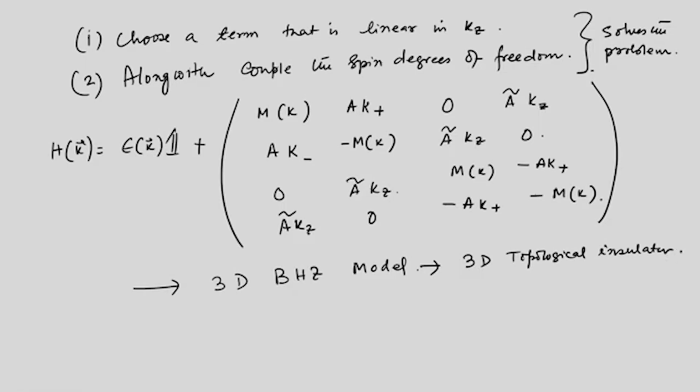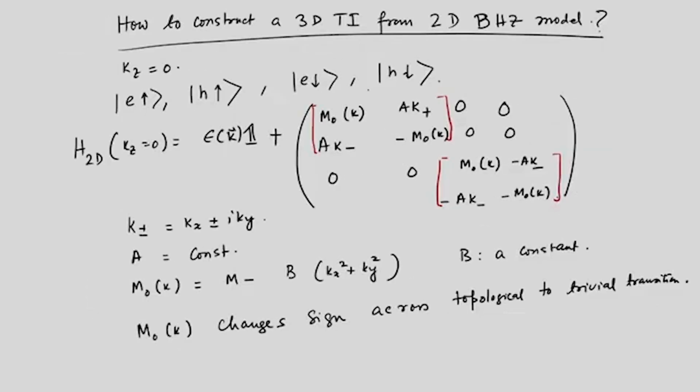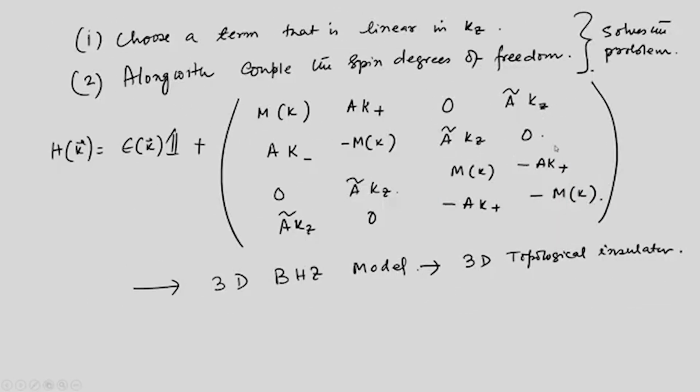Now, there is a very important thing that one should take note of here, that is the Hamiltonian is no longer block diagonal. So, earlier this was for the upspin and this is for the downspin. Okay. So, the spins were not mixed, but here the spins are mixed, because of these off diagonal terms coming in, and these off diagonal terms are linear in kz.